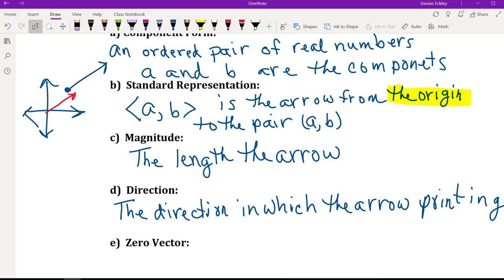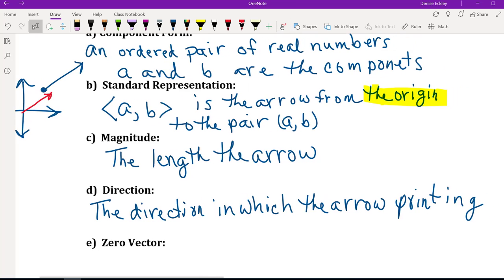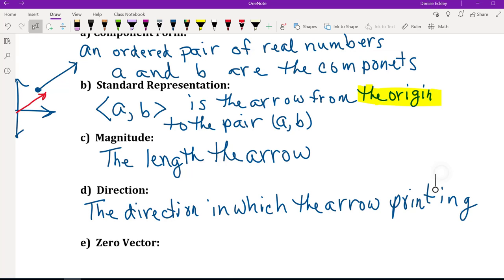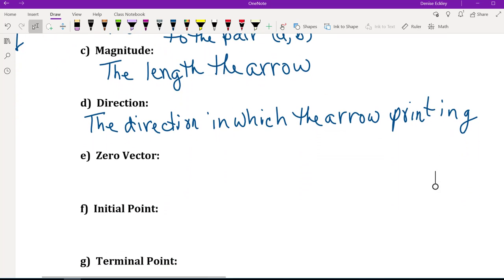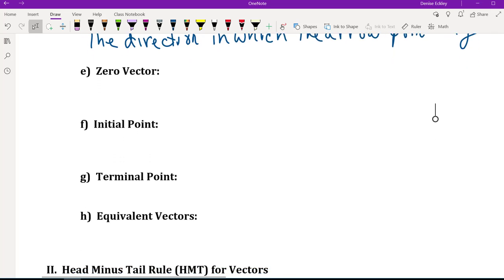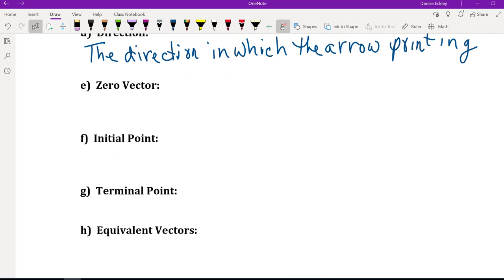Now, because we're going to be working with vectors algebraically, we do have something called a zero vector, because we're going to be adding and subtracting vectors. So a zero vector is this vector. Another way to represent the zero vector is to put 0 with that arrow symbol over it.